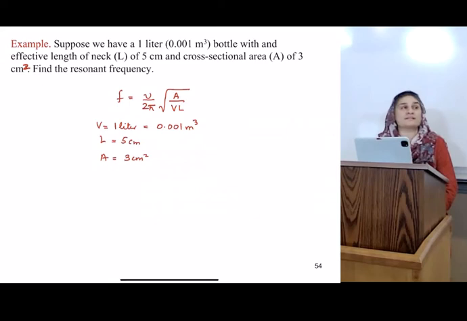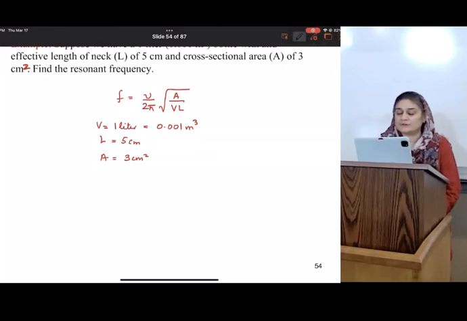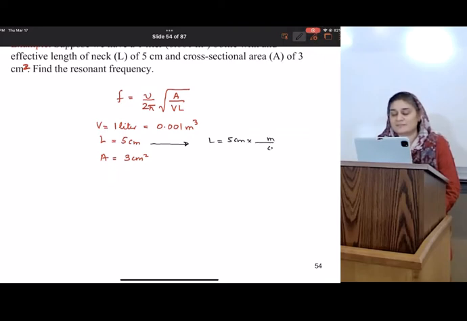So what do we do with centimeters? We convert them to, good, meters. How do we convert them to meters? L would become 5 centimeters. How many centimeters in a meter? 100. So it'll give me what? 0.05.